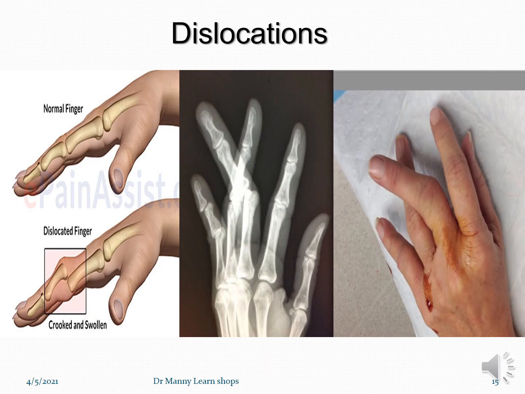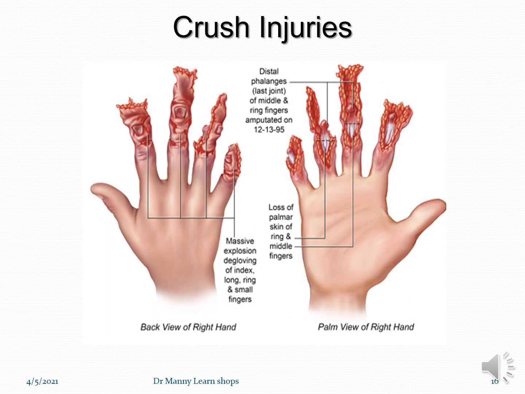Then you've got dislocations. Dislocations just mean disjointed, malaligned. Crush injuries, well, explains itself. You've crushed whatever body part that you've got.